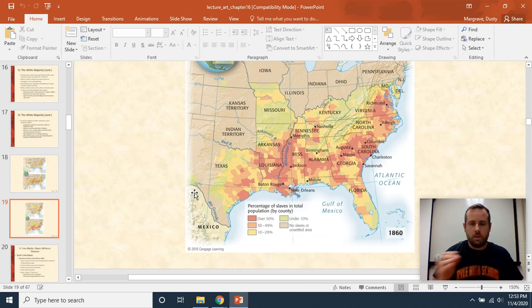So differences between colonial slavery: natural reproduction in the antebellum period, larger in the antebellum period, an emphasis on cotton, what eventually will come to be known as king cotton. And then a final difference, antebellum slavery is going to be harsher.